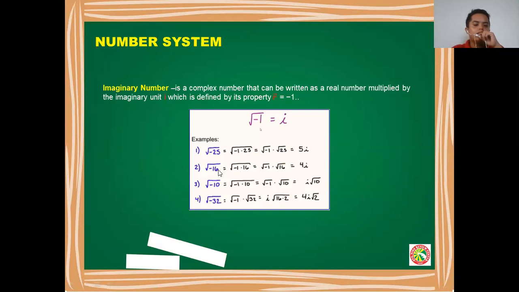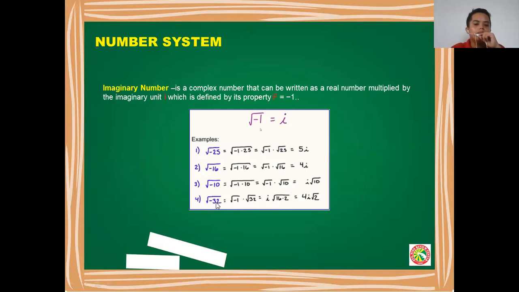Likewise, square root of negative 16, that is square root of 16 times i. But square root of 16 can be simplified into 4, so 4i. Then square root of negative 10, that is square root of 10 i. Square root of 10 can no longer be simplified, so it retains i square root of 10 or square root of 10 i.